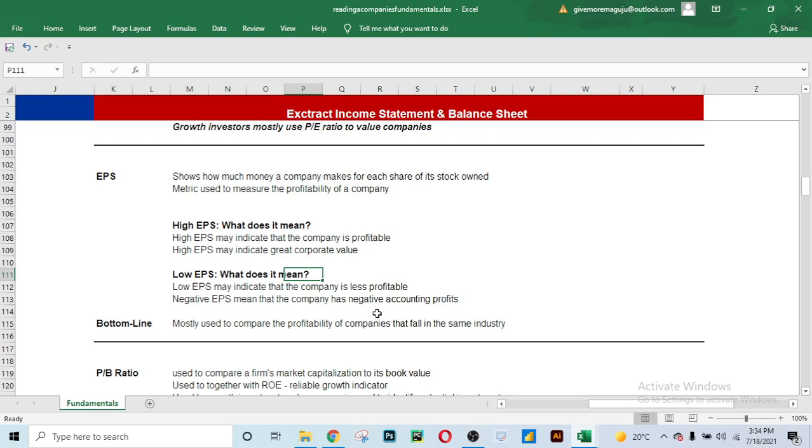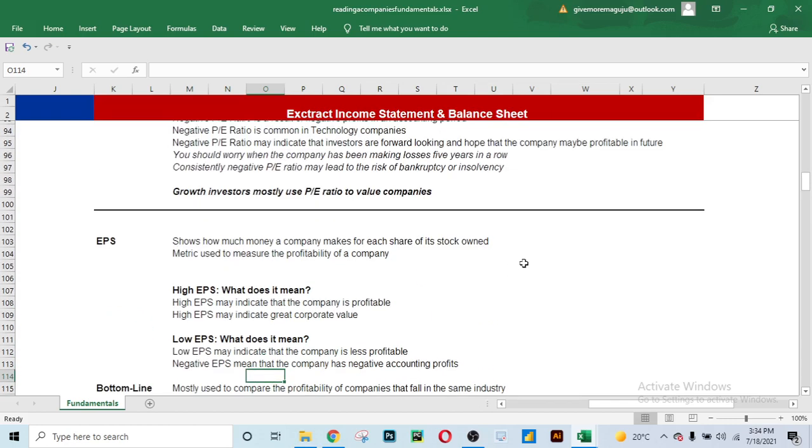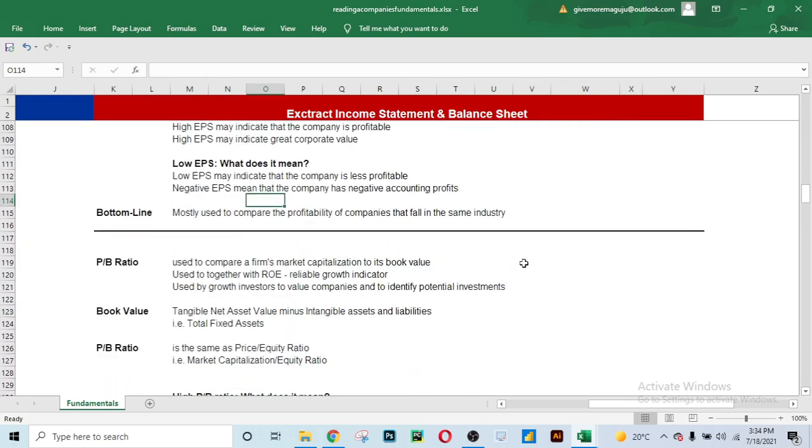This is a great indicator to help you know if the company is profitable. What does low earnings per share mean? Low earnings per share may indicate that the company is less profitable. Negative EPS means that the company has negative accounting profits, like what we witnessed in our example. So, what's the bottom line?